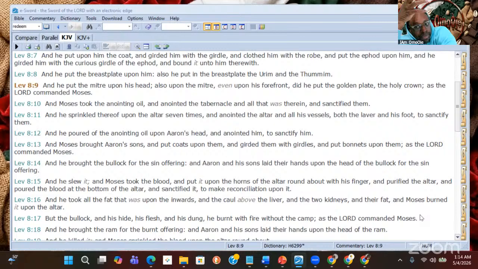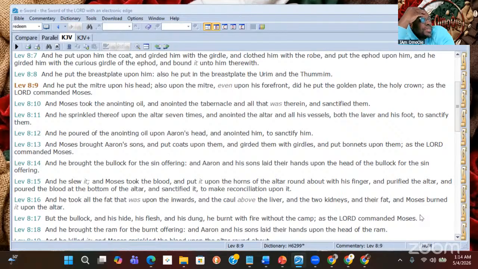So the laver, the basin, and the feet of the basin are made separately, but they're fused together, they're welded together. So because they are separate pieces, they have to be anointed separately, but at the same time. But they're two separate things.